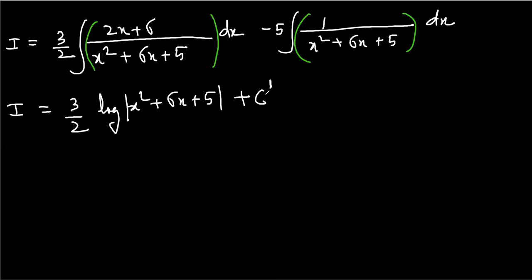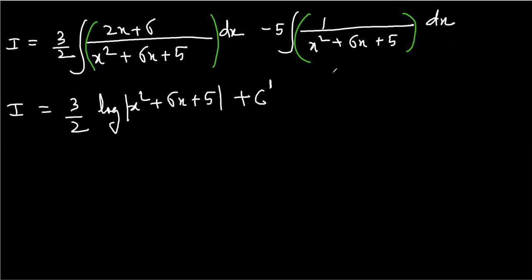Now, normally when you are integrating all the integrals in a particular step at once, you don't write the constant of integration for individual integrals. You add all the constants and write a single constant of integration c.